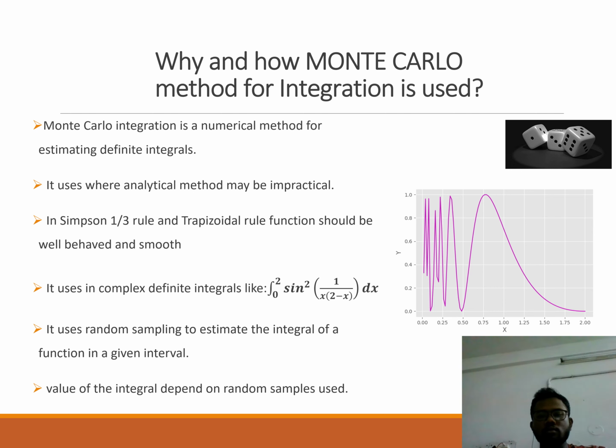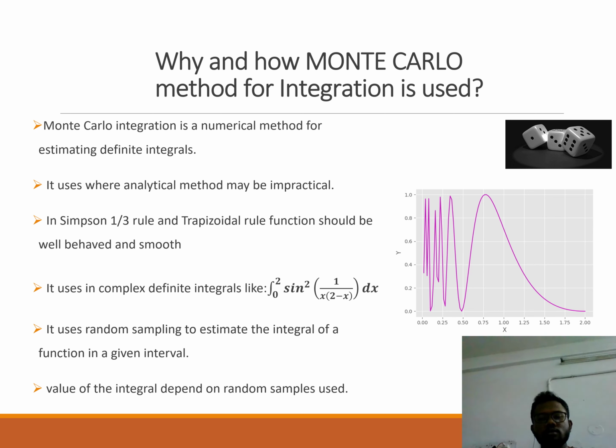So here we cannot use the Simpson one-third rule and the trapezoidal rule. In Simpson one-third rule and trapezoidal rule, the function should be smooth or well behaved.